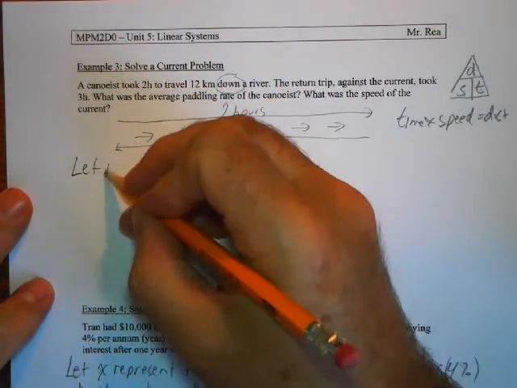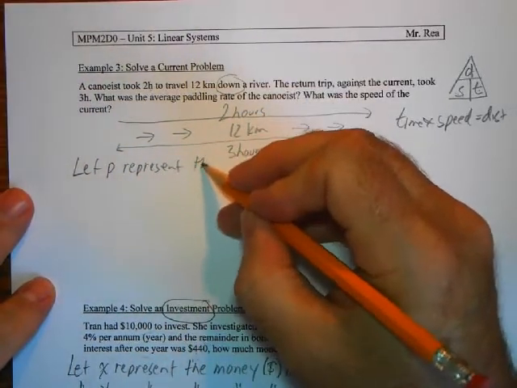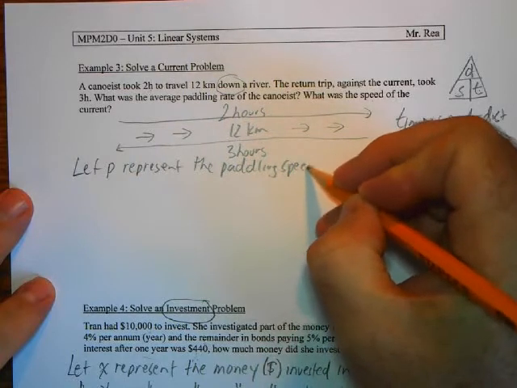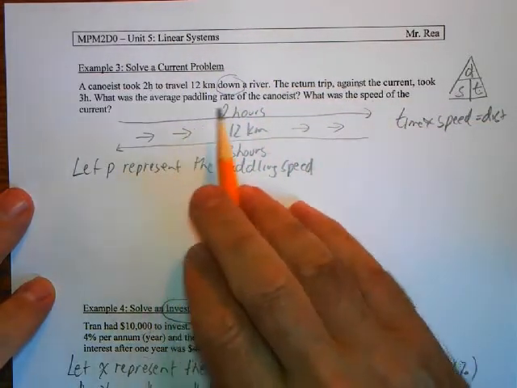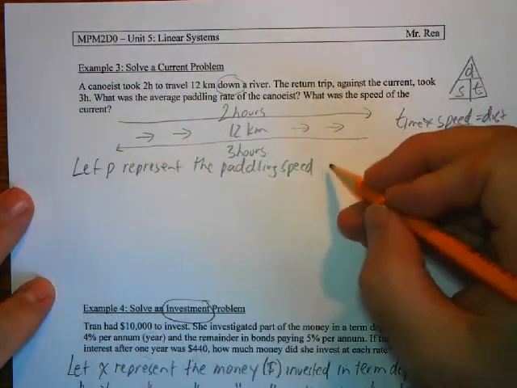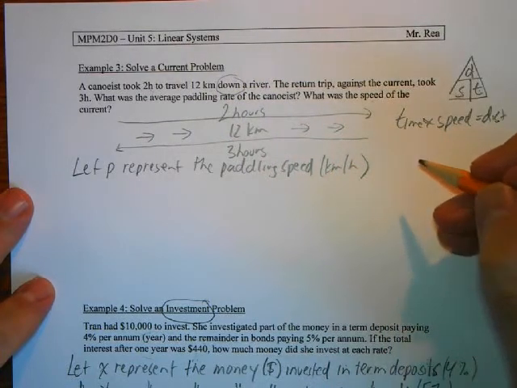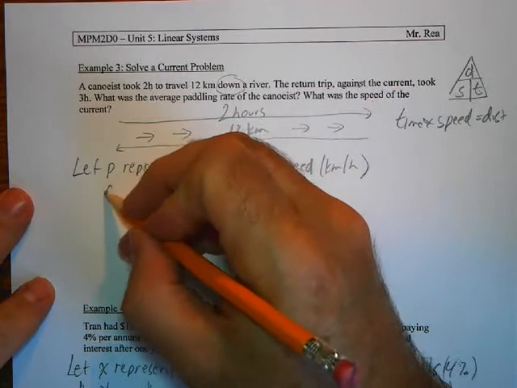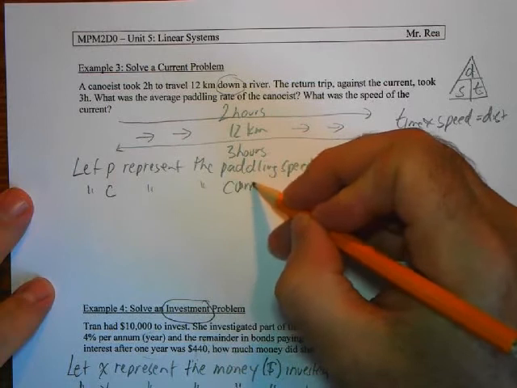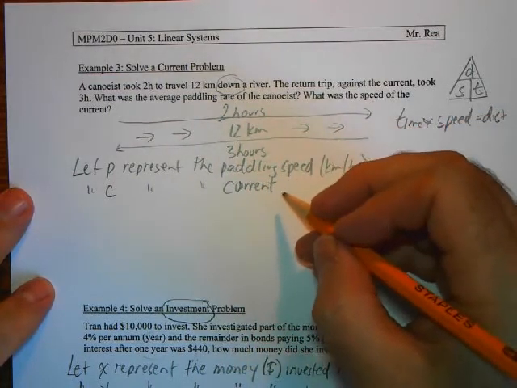Let P represent the paddling speed, and the units would be kilometers per hour, because the distance is in kilometers and the time is in hours. And let C represent the current speed. Remember, current is the speed of the water as it's going down the river.